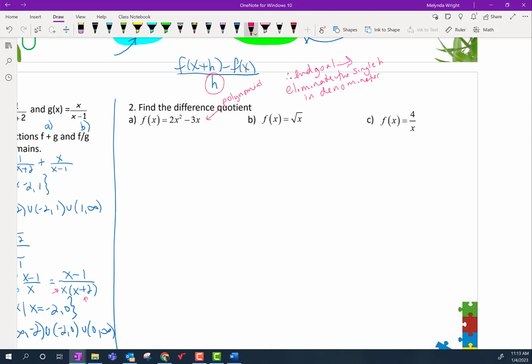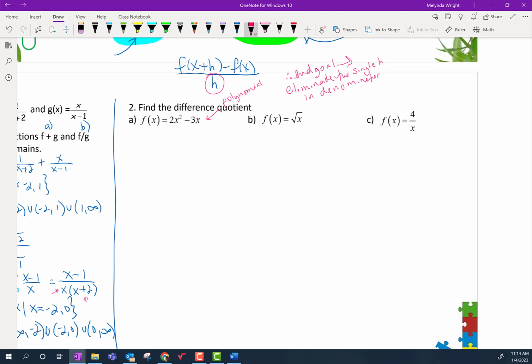The single h needs to be gone. That's our goal. The way that we do that is going to differ depending on what kind of function we have. All you need to do is look at the function and then you will be able to figure out how to do this.